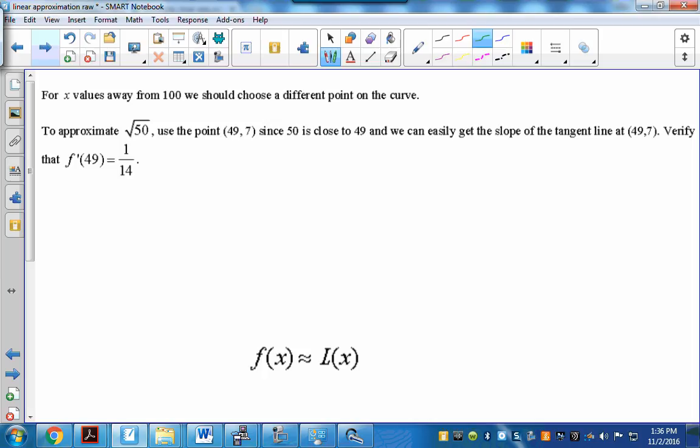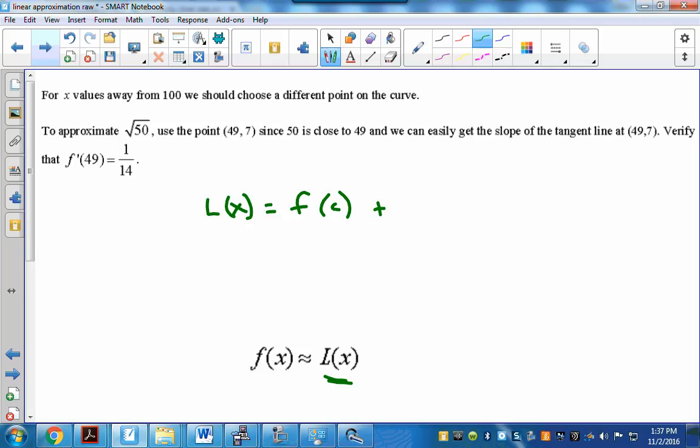And now, we want to approximate the square root of 50. First thing we should do is find the equation of this tangent line. Once you do that, then you should have a good approximation. Okay, so the tangent line is going to be the y-coordinate, right?